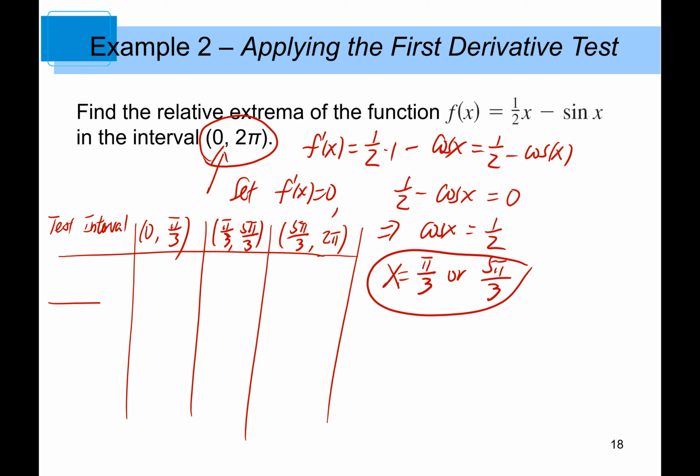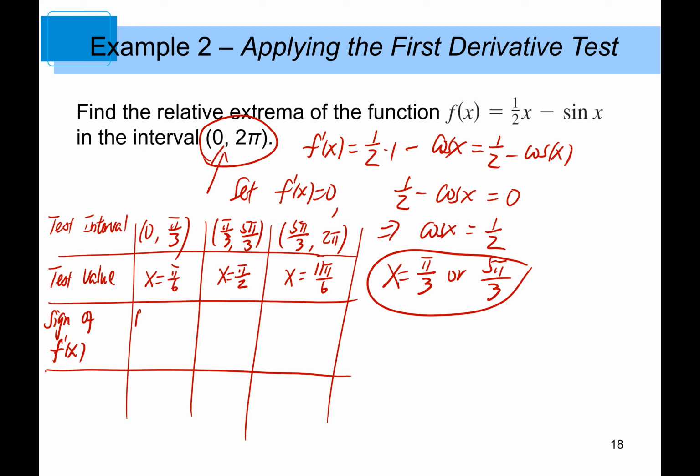So here we're going to pick a test value for each interval. First interval we can pick x equals pi over 6. Second interval we can pick pi over 2. Third interval we can pick 11 pi over 6. Now I'm going to replace all these into the derivative, f prime of x.